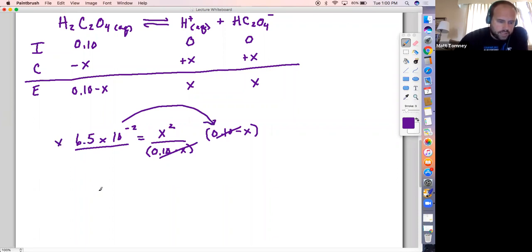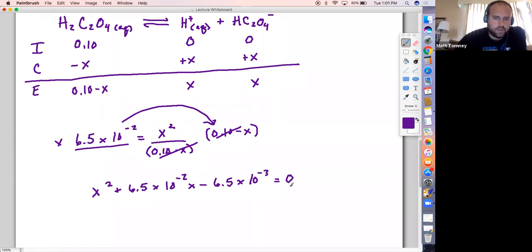And then I have to isolate the x squared and set it all equal to 0. So if you do that, you should end up for your quadratic with x squared plus 6.5 times 10 to the minus 2x, minus 6.5 times 10 to the minus 3 with no x value there, equal to 0.